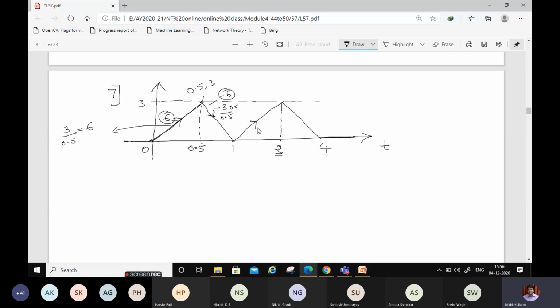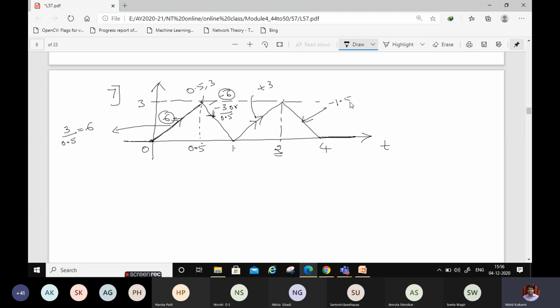Now again you have one more slope, but check the difference. This is 3, 2 minus 1, 1. So this will be plus 3. And what about this slope here? Minus 3 by 2, or minus 1.5.